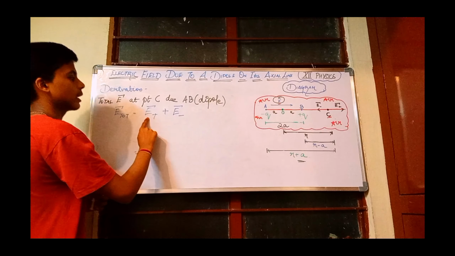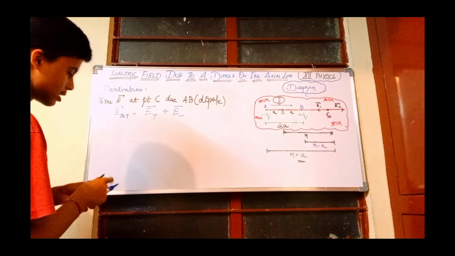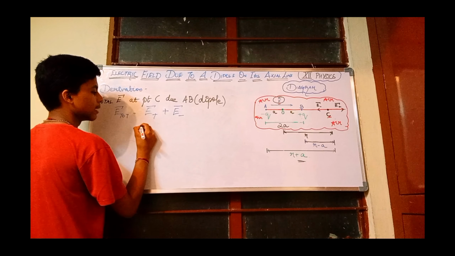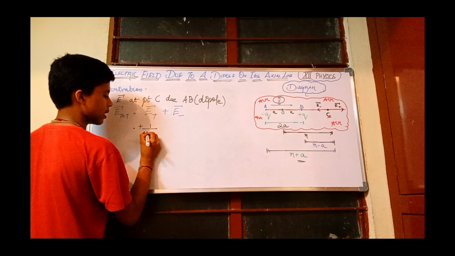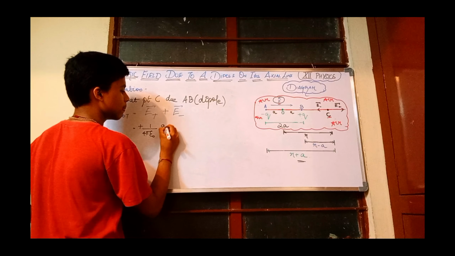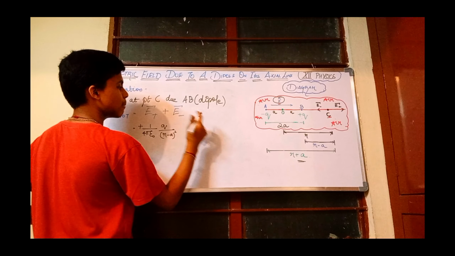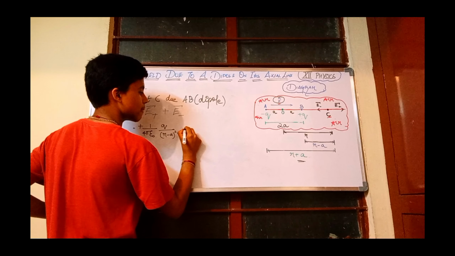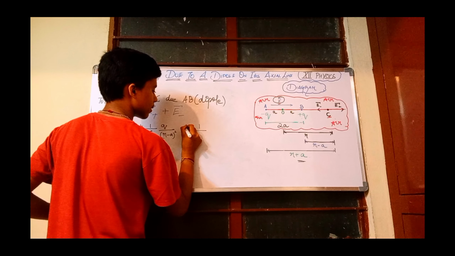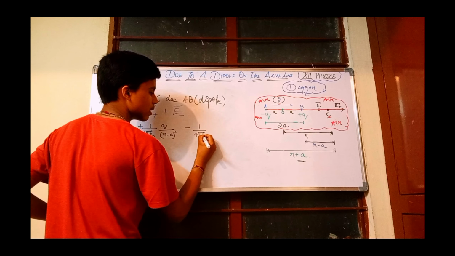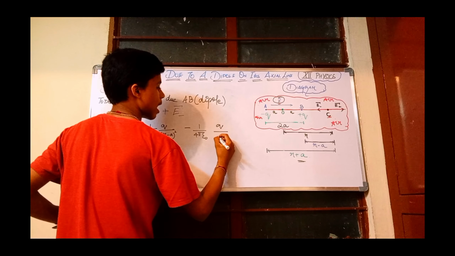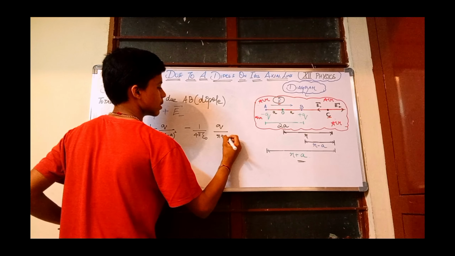Now I know the formula for E plus and E minus vector. Now I'm going to add these both. So E plus vector is nothing but plus 1 by 4 pi epsilon naught into Q by R minus A the whole square. And E minus, I know it as minus 1 by 4 pi epsilon naught Q by R plus A the whole square.